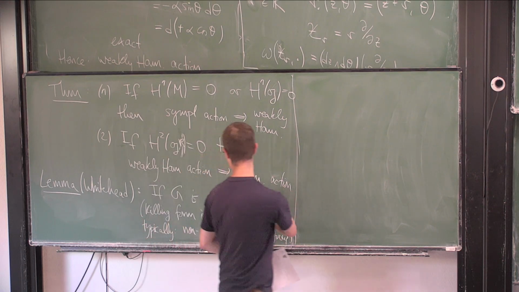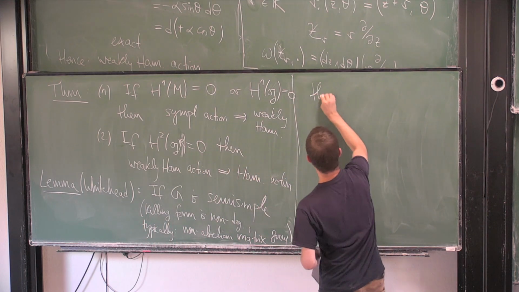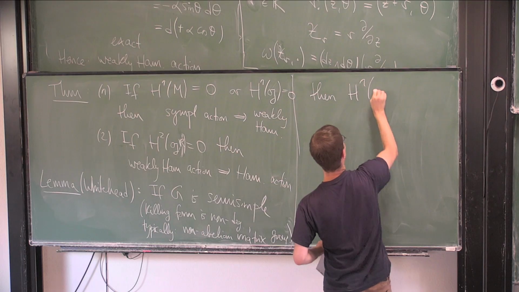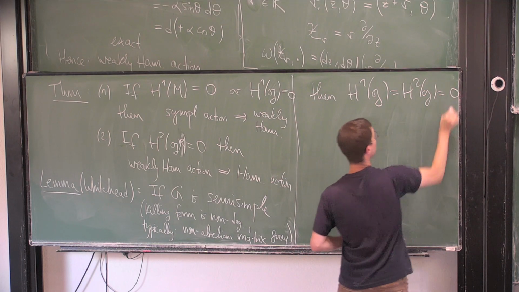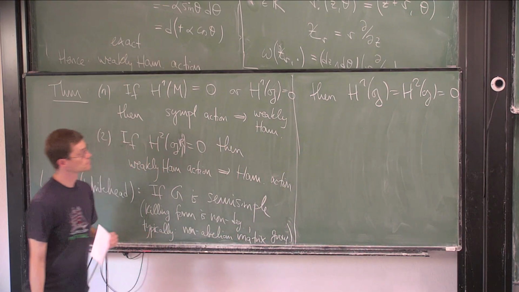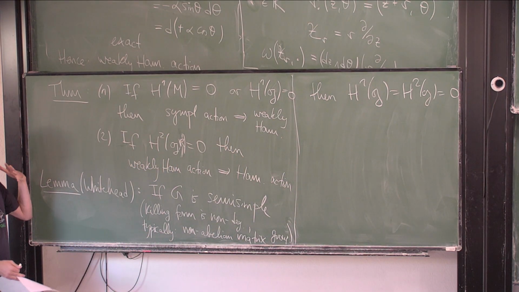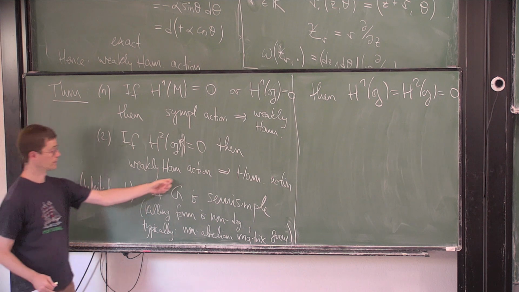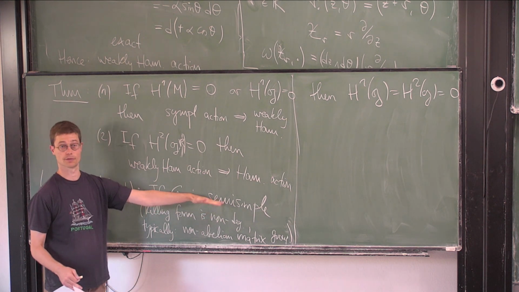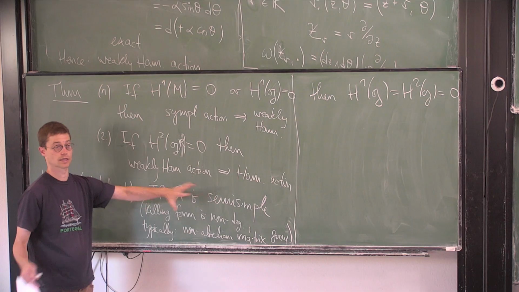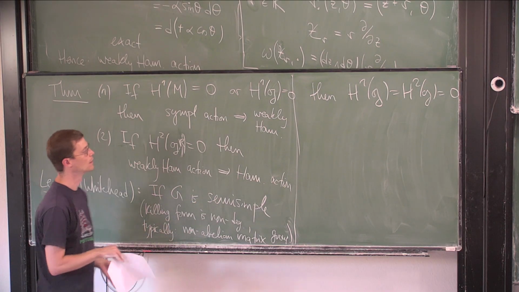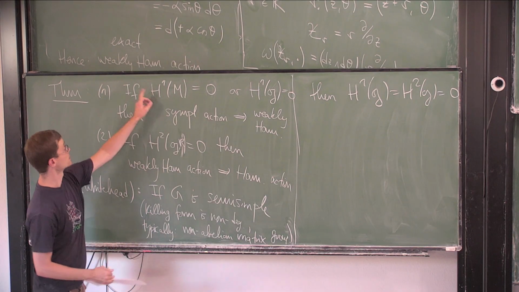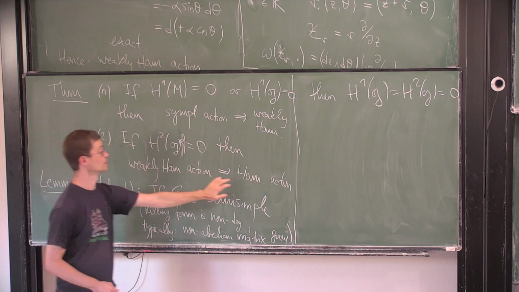So whenever you have a semi-simple group, then these two cohomologies, H1 and H2, vanish. So in particular, if you have a physical system where the symmetry is such a group, which happens a lot, like for example rotations in 3D space, SO3. SO3 is semi-simple, and then you automatically get that if you have a symplectic action, you are immediately Hamiltonian.